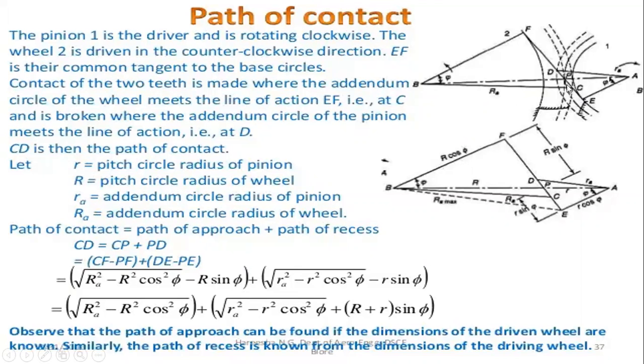This is the first wheel, which moves in the clockwise direction, and the tangent EF touches it at the C point, at the addendum circle of the wheel, where it meets the line of action.